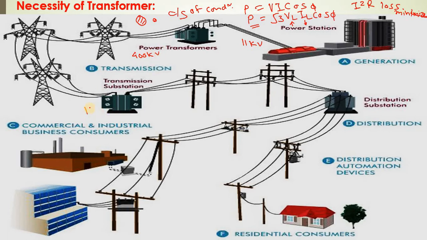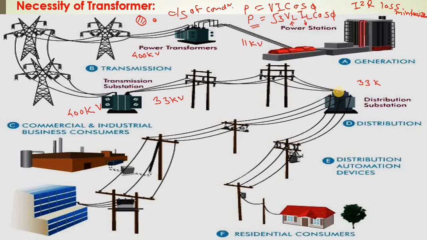Again the transformer at the receiving end will convert this 400 kV into 33 kV. This 33 kV will be given to commercial or industrial business consumers, and also to the distribution substations.